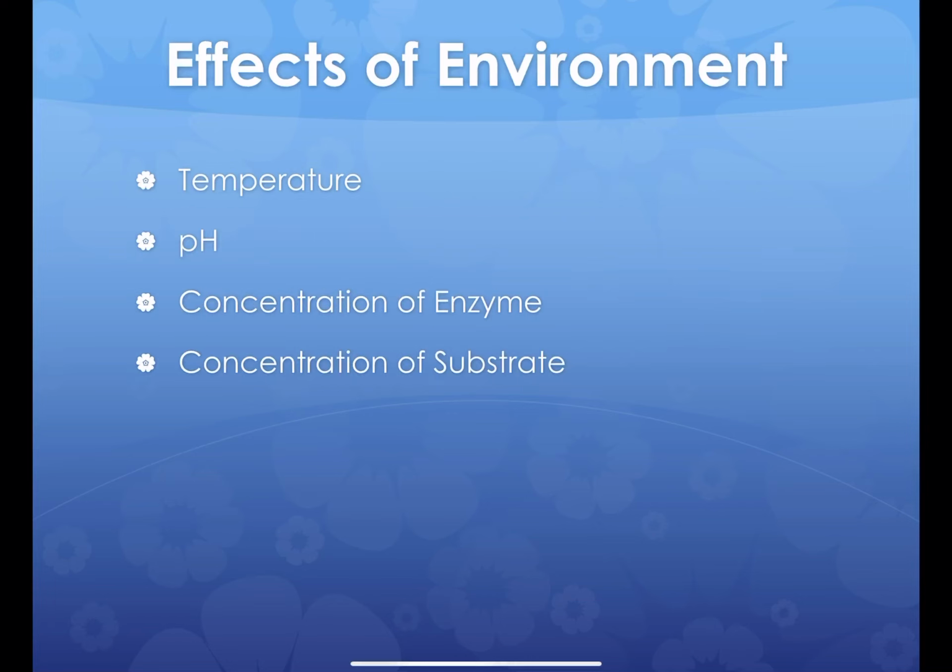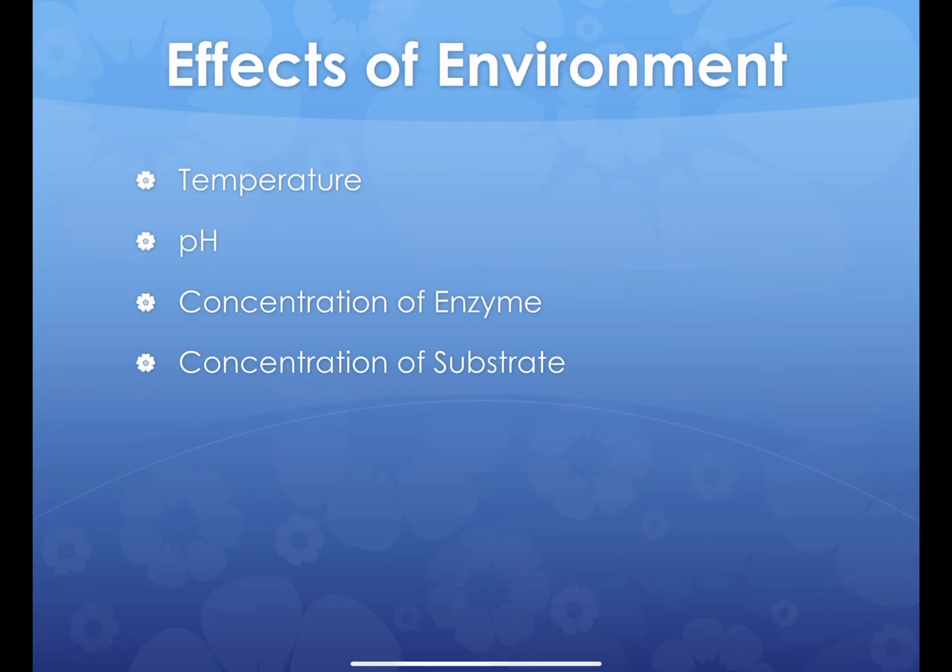So today we are going to talk about some different ways that enzymes are regulated and also the effect of the environment on enzymes. So enzymes are proteins, and you should remember about proteins that they have these 4 levels of structure: the primary, secondary, tertiary, and quaternary structures.